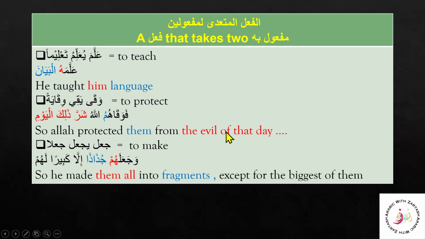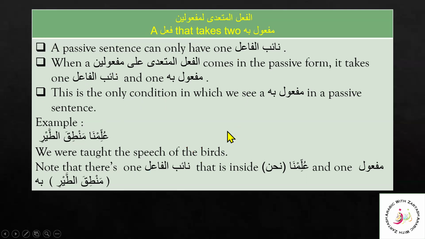So these are a few of the af'al that take two maf'ul bihi. Also remember that a fi'l that takes two maf'ul bihi, when it is in the passive form, will only have one na'ib fa'il, because our first maf'ul bihi will be changed into the na'ib fa'il and it will be marfu' in state. When a fi'l mutaddi ila maf'ulayn comes in the passive form, it takes one na'ib fa'il and one maf'ul bihi.